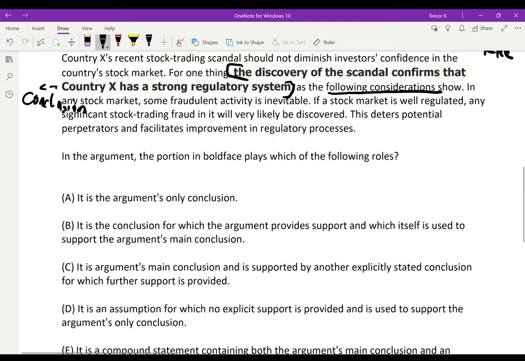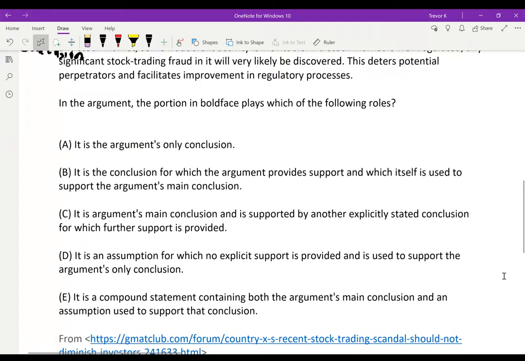So let's look. The portion in boldface plays which of the following roles? It is the argument's only conclusion. Seems pretty good, so let's actually keep that one for now. It is a conclusion for which the argument provides support and which itself is used to support the argument's main conclusion.